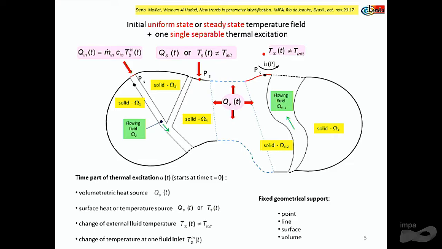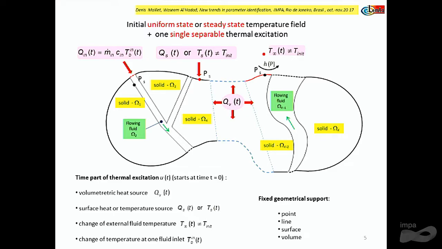So you can have, for example, a volumetric heat source, QV of t, inside the domain. You can have a surface heat source, QS of t, or you can impose the variation of the temperature on the surface, so it's a temperature source.